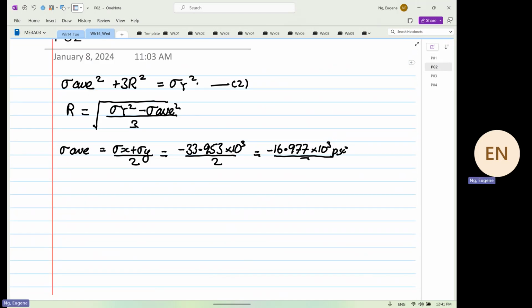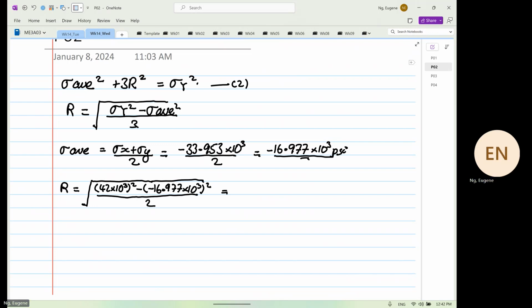So we know our stress average now, we know our yield, so the radius will be equal to the square root of (your yield, which is 42 times 10 to the power 3, squared, minus 16.977 times 10 to the power 3, squared), and then the whole thing divided by 2.